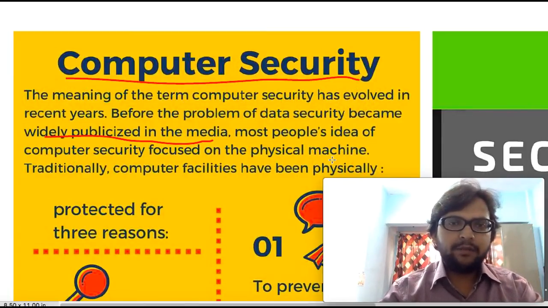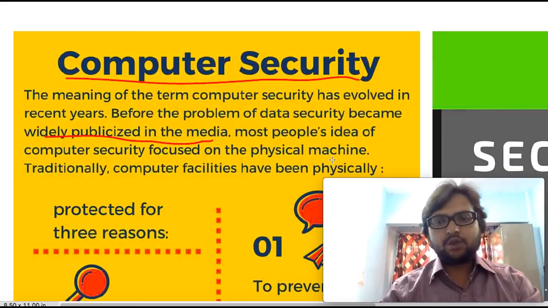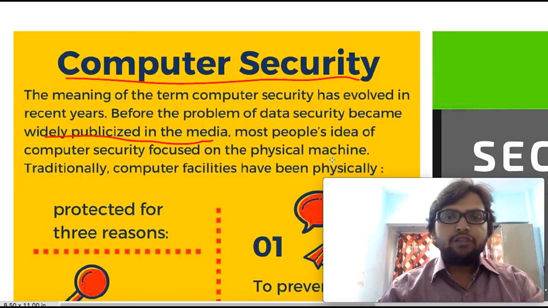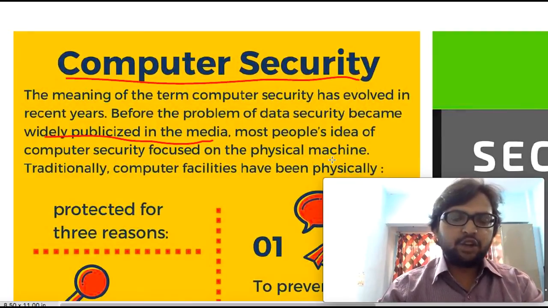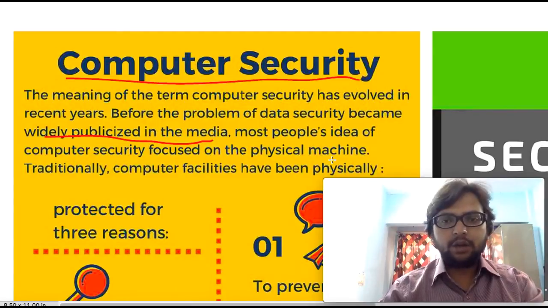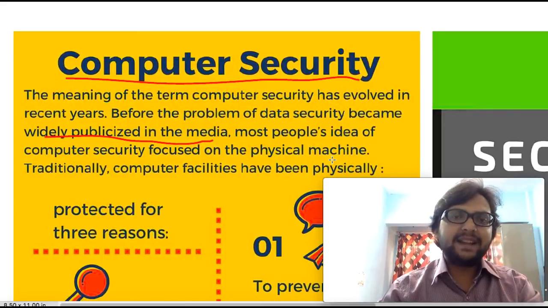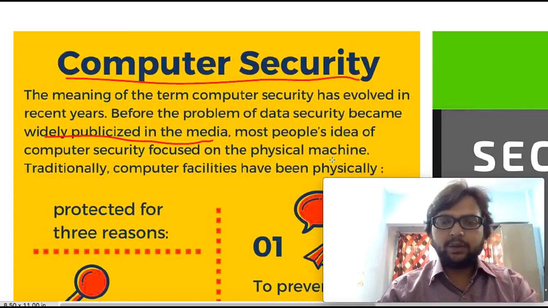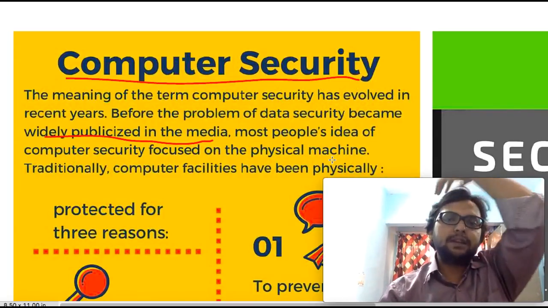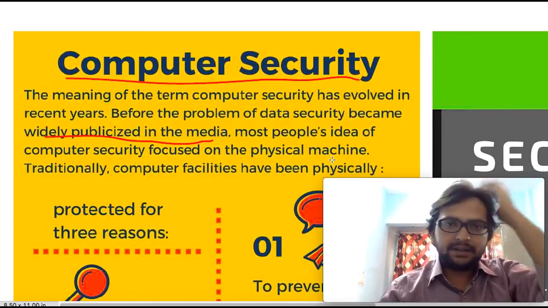When we talk about network security, we do not just talk about the physical security of that machine, but about different aspects with respect to data which we are sending outside of our computer network, or receiving within our computer network. So in both terms, we need to discuss our security aspects.